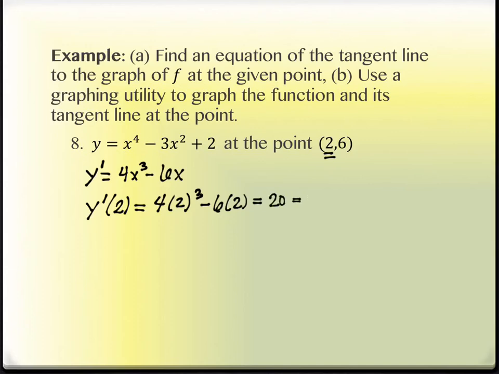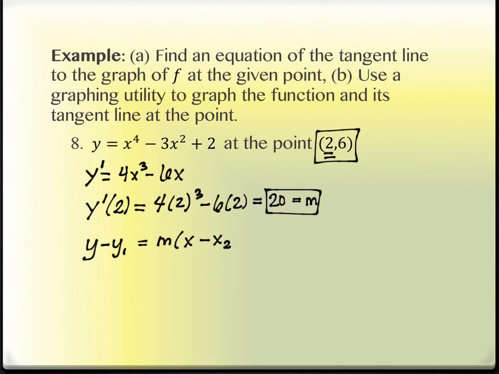And this 20, this derivative, is a slope. It is the slope of a tangent line. Okay? We now have a slope, and we have an ordered pair. And from back in the day, and from last class period as well, I wrote this on the screen. This is one of my versions of the point slope form of the line. I can take y minus the y value, which was 6, equals the slope I just found, which is 20, times x minus the x value, which was 2.